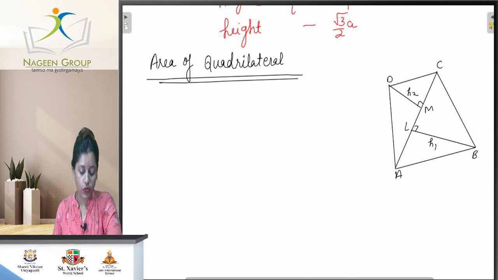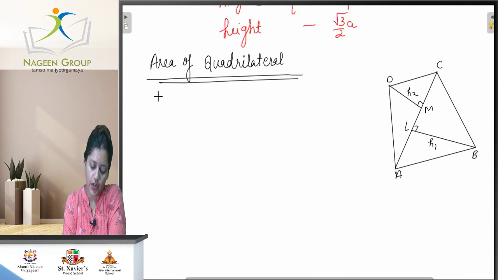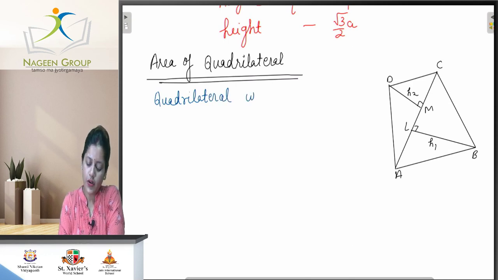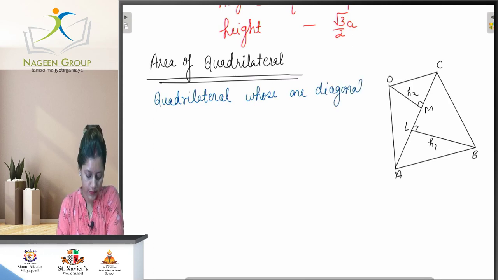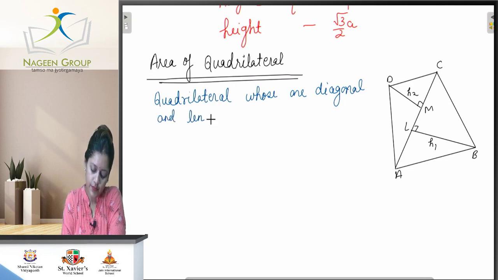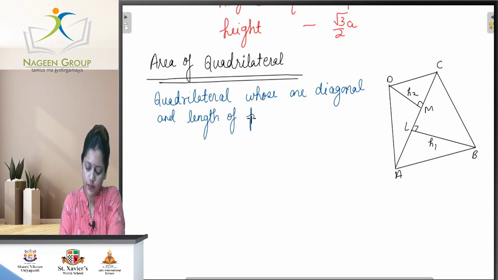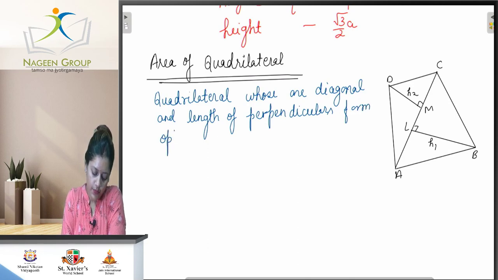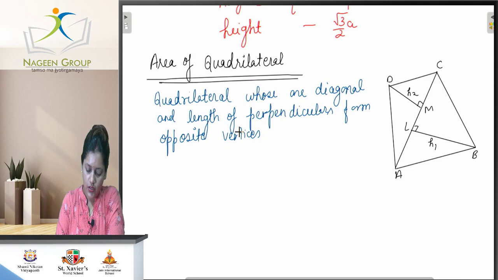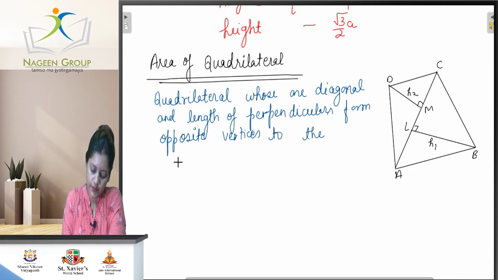So what is the area of a quadrilateral? First of all, you have to know what the quadrilateral is. A quadrilateral whose one diagonal and the lengths of perpendiculars from opposite vertices to the diagonal are given.